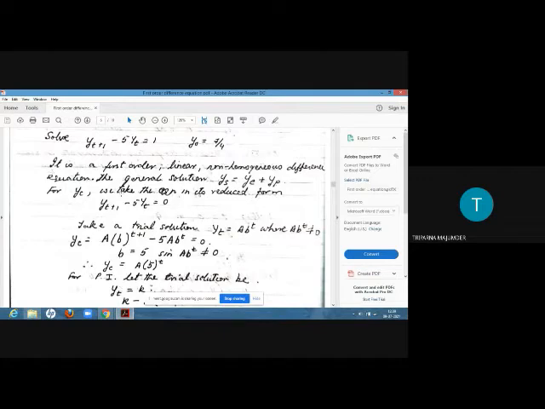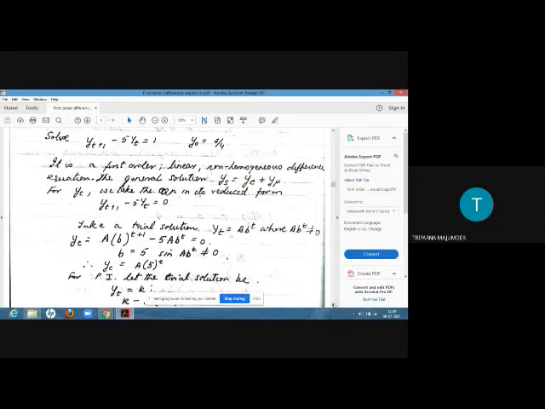For yc, we take the equation in its reduced form, that is yt plus 1 minus 5yt is equal to 0. We take a trial solution, yt is equal to a b to the power t, where a b to the power t is not equal to 0. So we substitute for yt in this equation to get the value of b to be equal to 5. So our complementary function becomes a 5 to the power t.